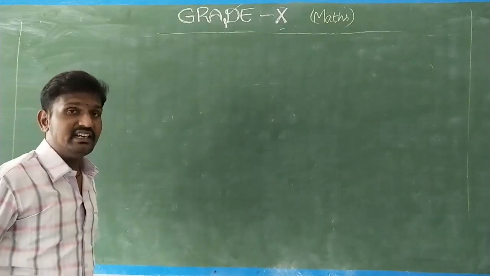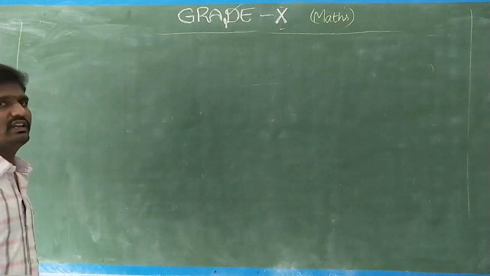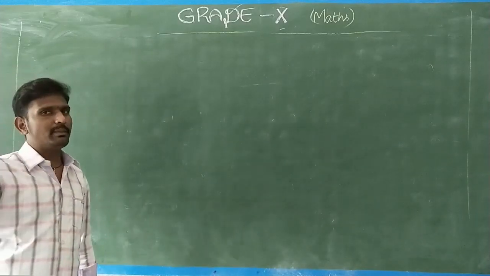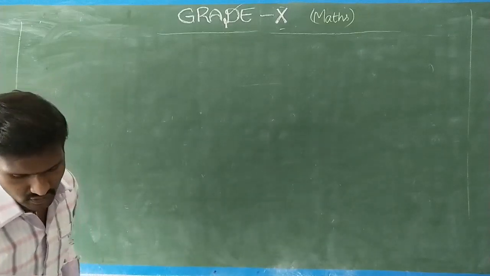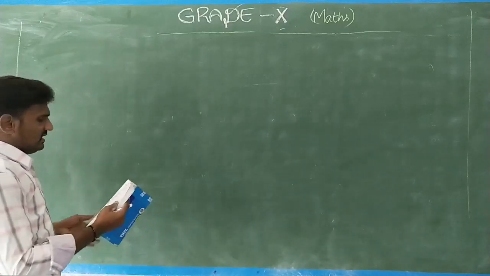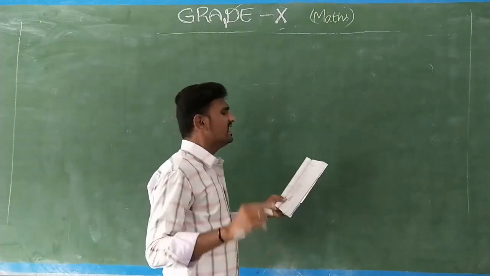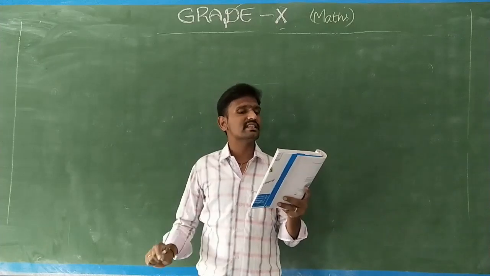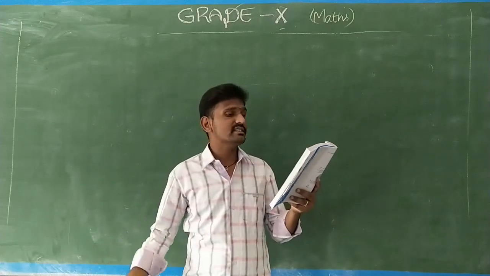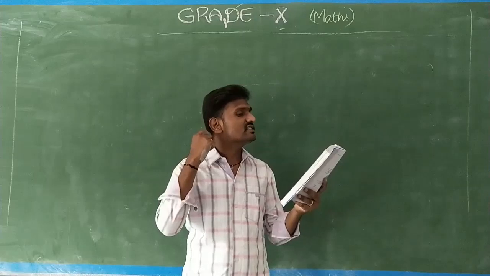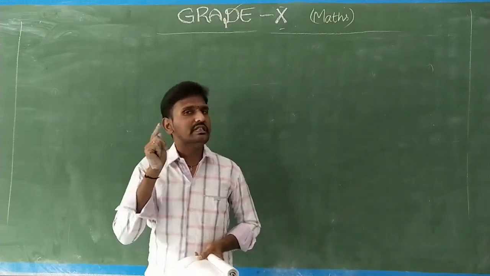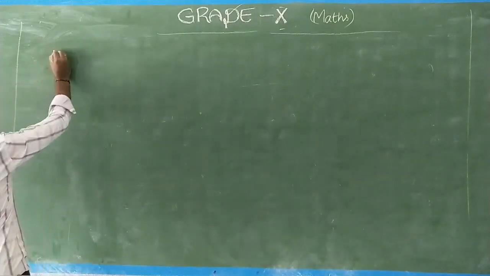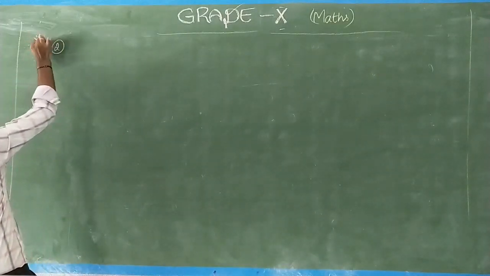And I will also revise the Sn formula: Sn equals n by 2 into 2a plus n minus 1 into d. Now the question: the sum of the third and the seventh term of the AP is 6 and their product is 8. Find the sum of the first 16 terms of the AP. This is your given question, and question number 2 is a very good, important question for you.